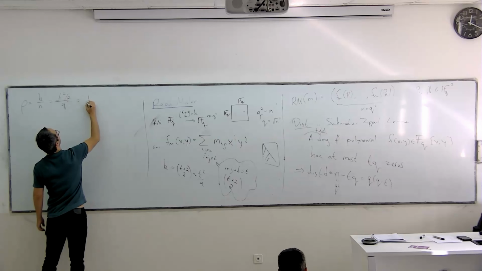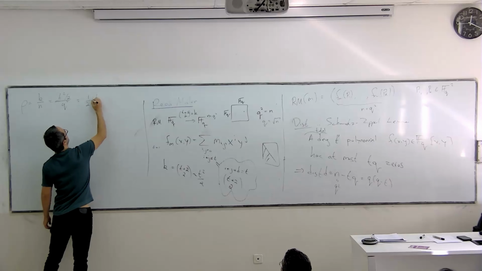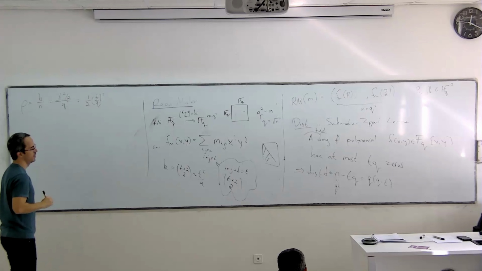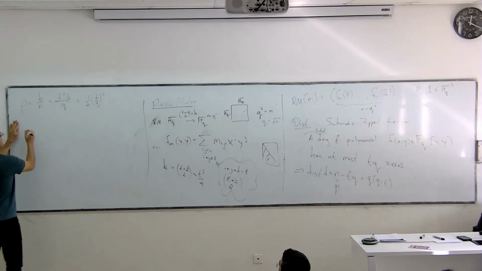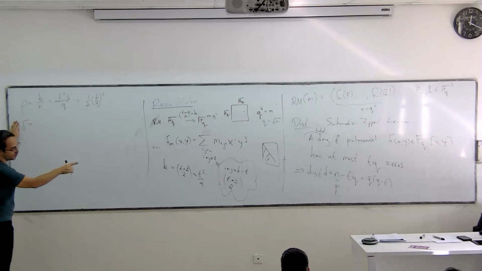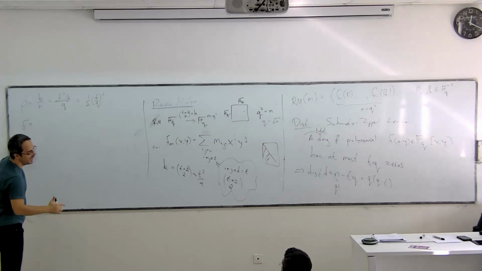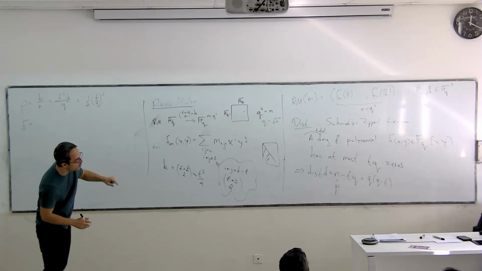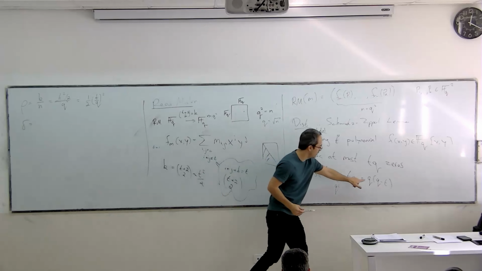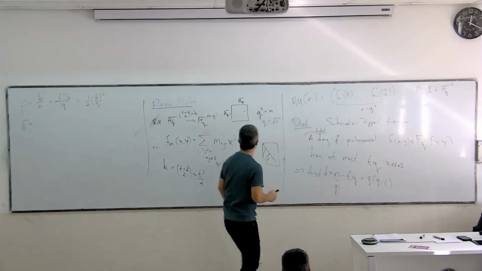Now the relative distance I should divide by Q squared, by N. The first Q will go away, and the second Q will go away here.